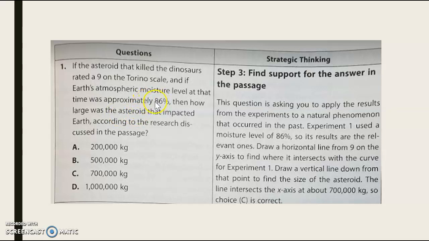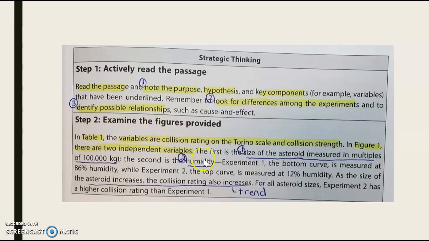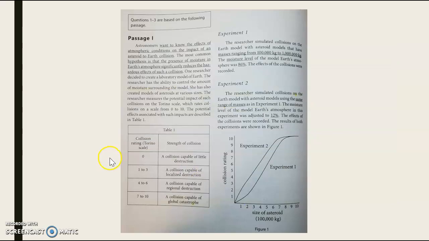So we're looking at the curve that is 86%, which it actually gave us that information right up in here. The bottom curve was 86% humidity, meaning we are looking at experiment 1, the bottom of the 2 curves.